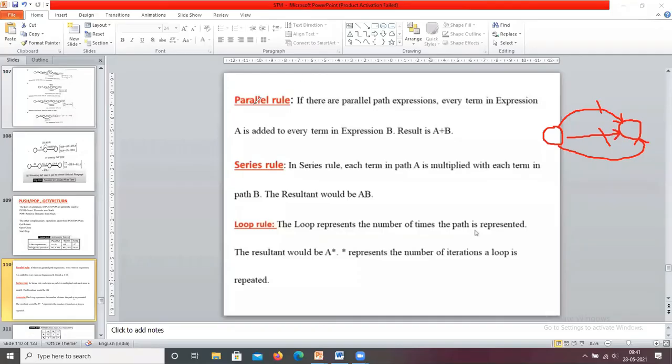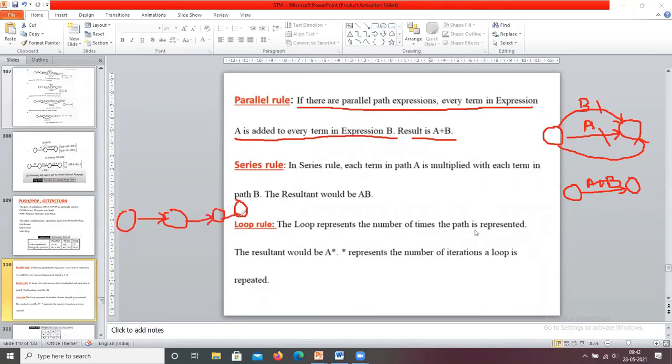Now coming to the parallel rule: if there are parallel path expressions, every term in expression A is added to every term in expression B, and the result is A plus B. For example, this is A, this is B. Now instead of that, you write A plus B. Now all these are series.